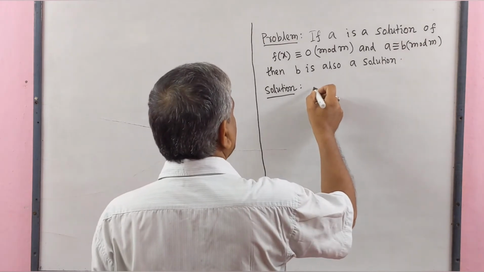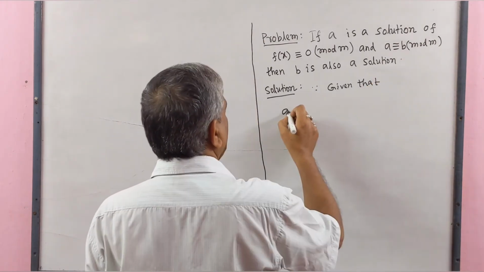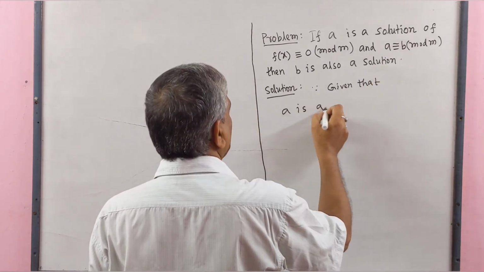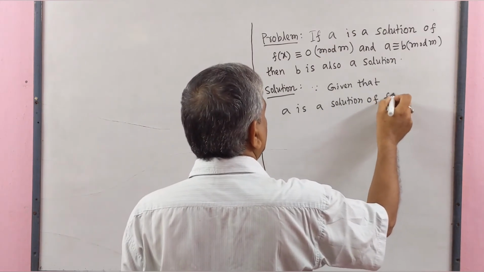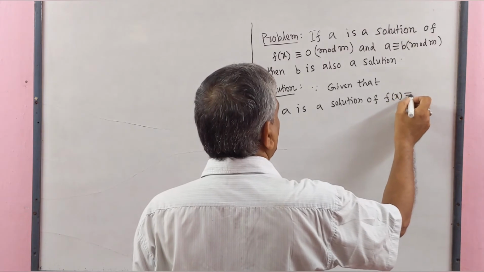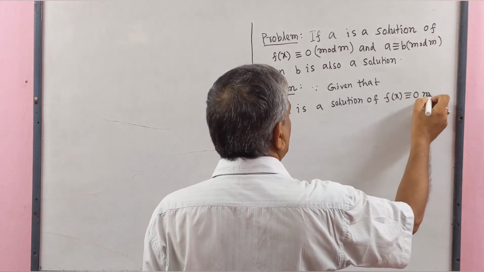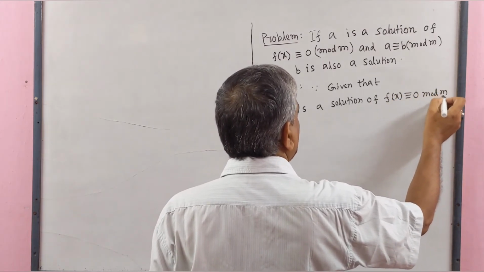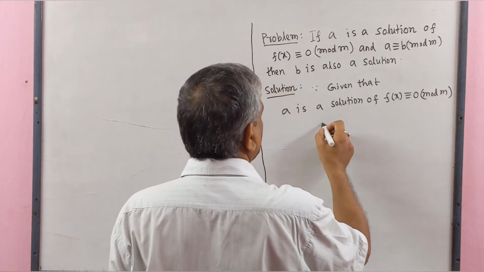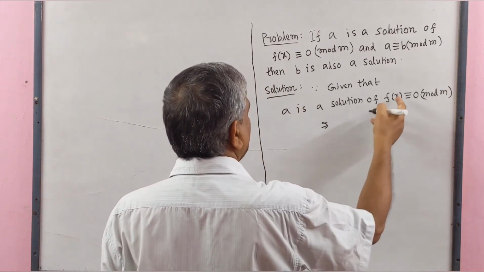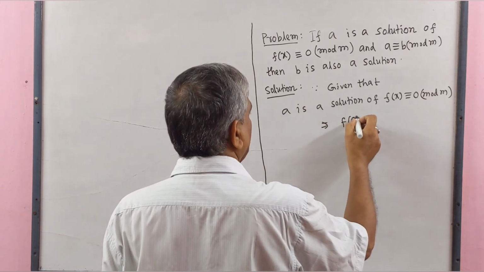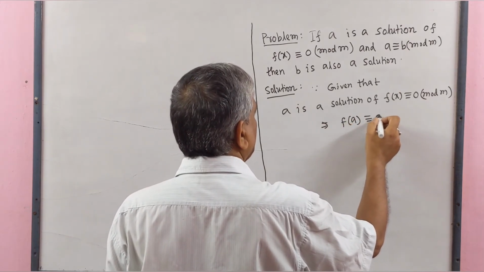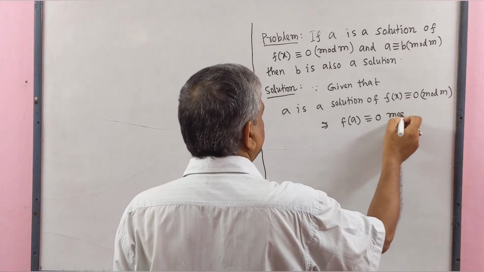Since it is given that a is a solution of f(x) congruent to 0 modulo m, implies that in place of x we write a, f(a) congruent to 0 modulo m.